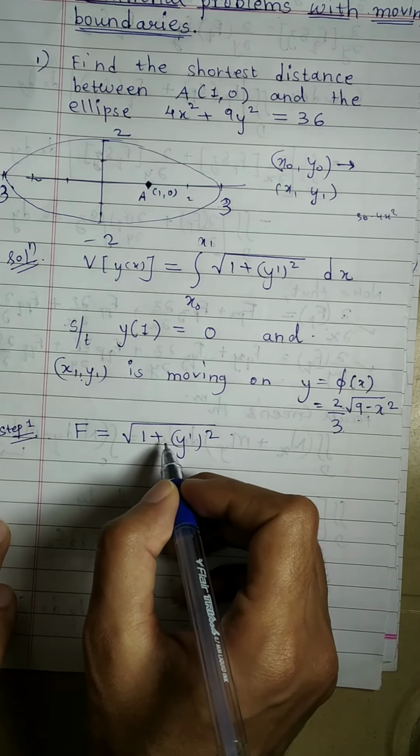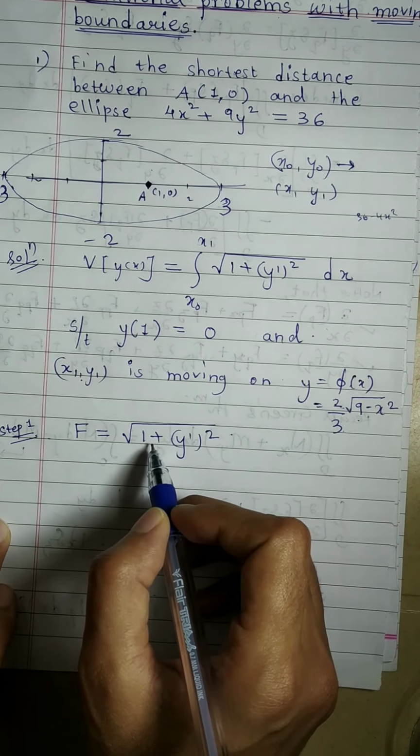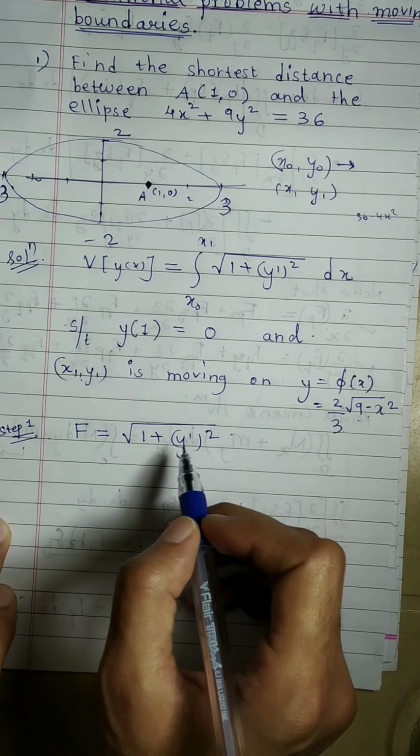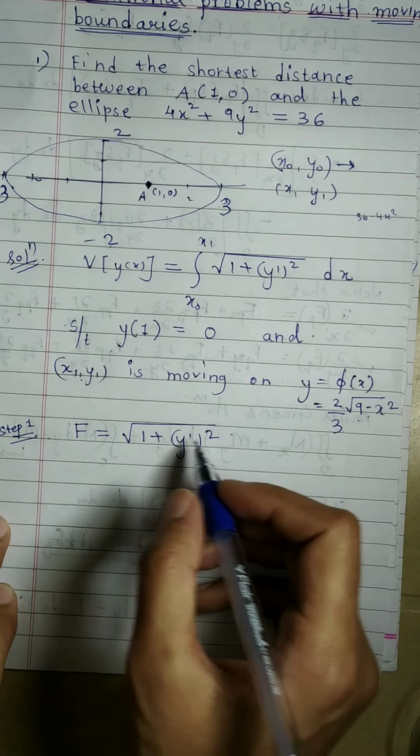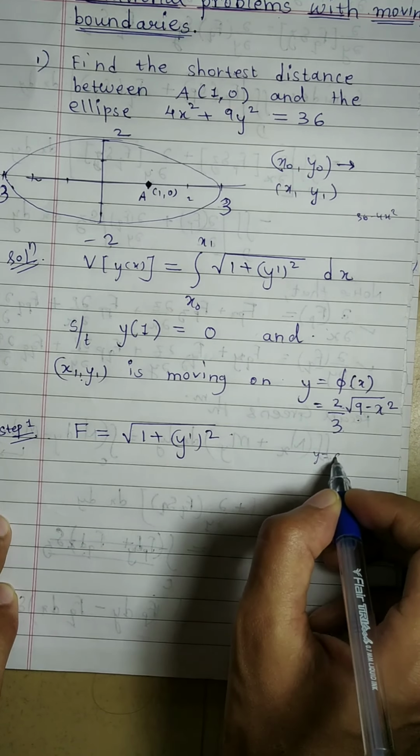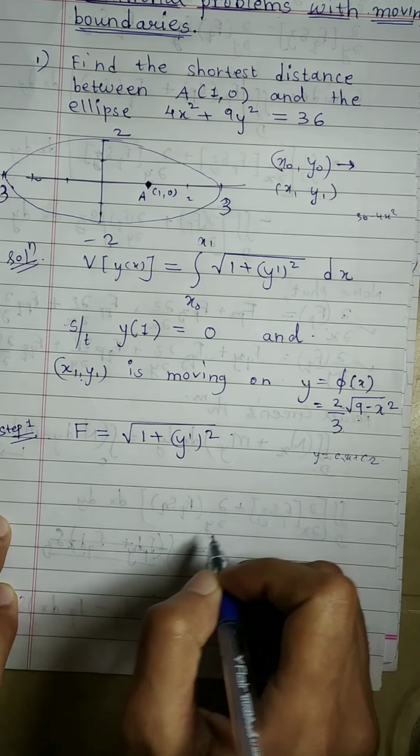Clearly from here this capital F is depending only on y dash, and therefore the extremals will be given by y equal to c1x plus c2.